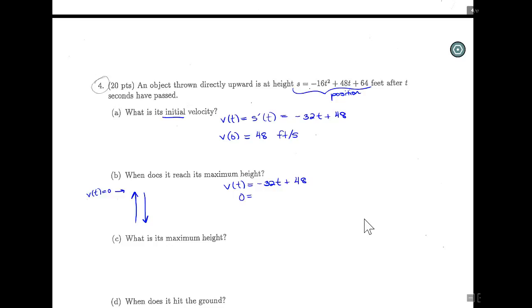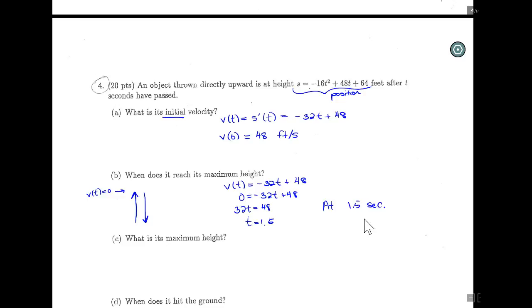So we're going to set that equal to 0. So we have 32t equals 48, and we get t equals 1.5. So at 1.5 seconds.